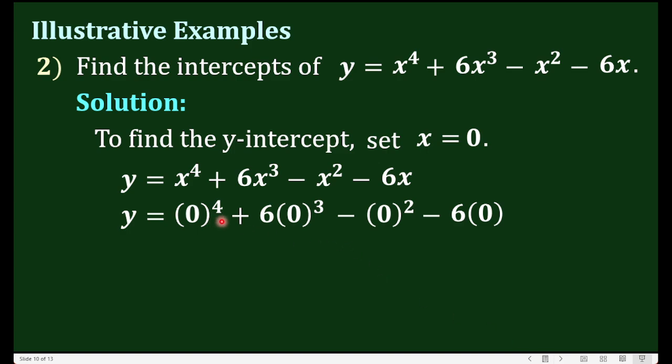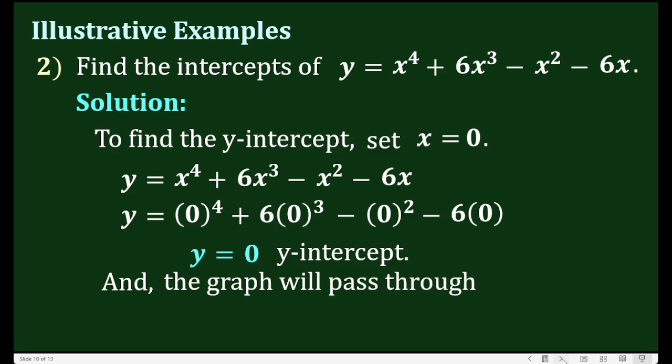Then simplifying this resulting expression, therefore y is equal to 0, which is your y-intercept. So the graph will cross the y-axis at point (0, 0), which is the point of origin.